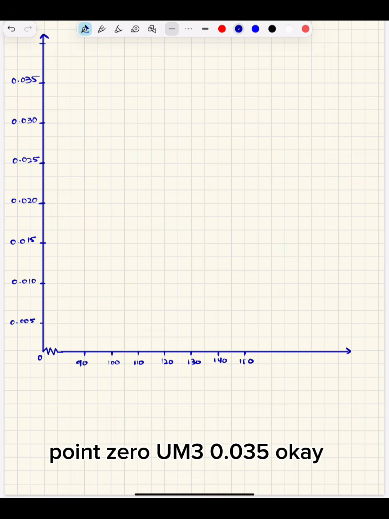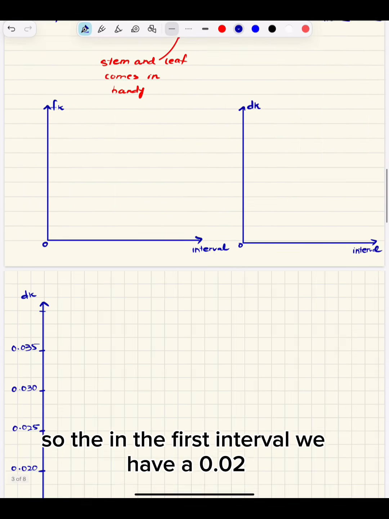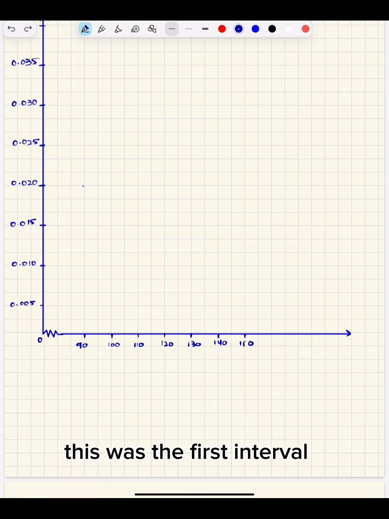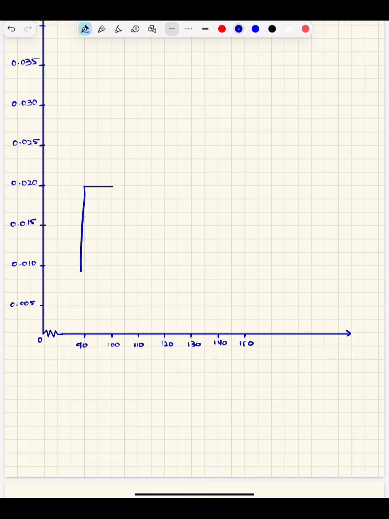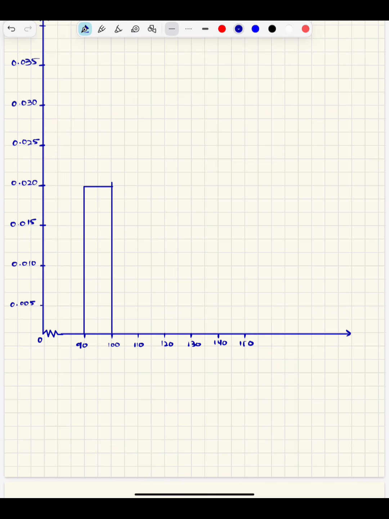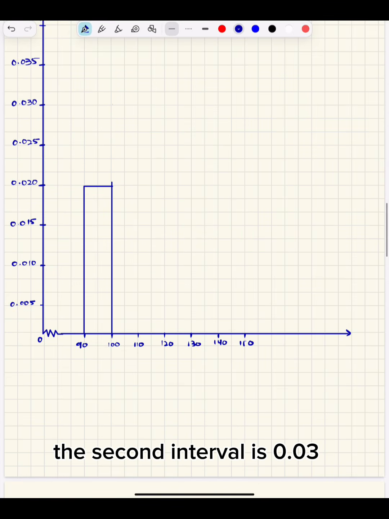0.035. Okay, so in the first interval we have a 0.02. So a 0.02 for the first interval. So we have 0.02 in the first interval. What about the second? A 0.03. Okay, the second interval is 0.03.